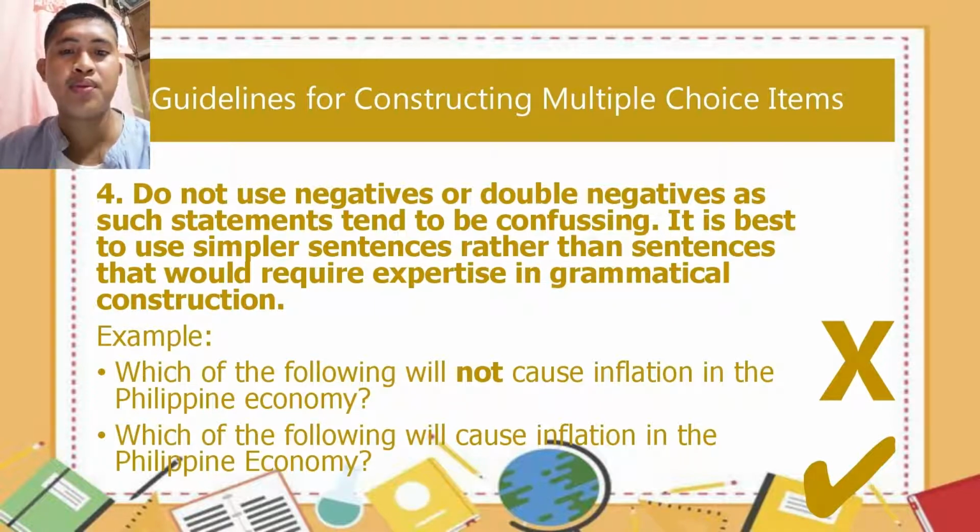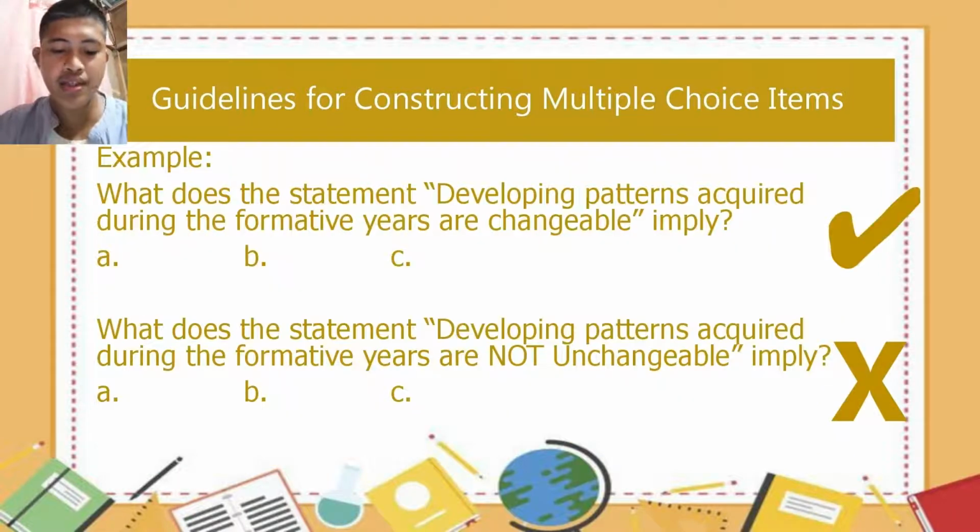This example makes the students think about what causes may inflate the Philippine economy. So here is a better example: Which of the following will cause inflation in the Philippine economy? So it is easy for the students to identify what causes inflation in the Philippine economy.